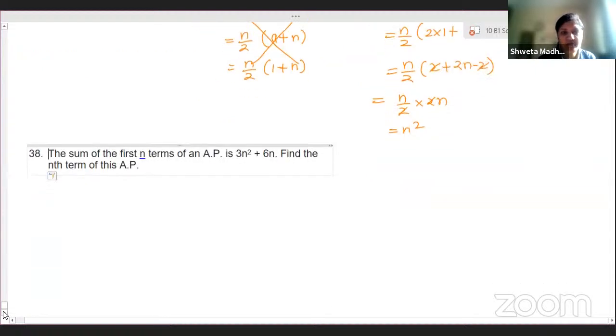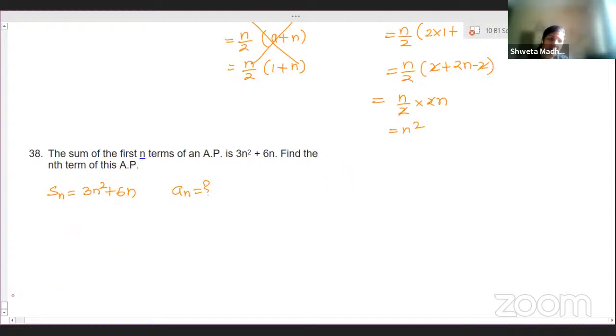The sum of the first n terms of an AP is given as 3n square plus 6n. They have given Sn. Sn is equal to 3n square plus 6n, and you have to calculate an. Now remember, see what to do. Now see the first part.